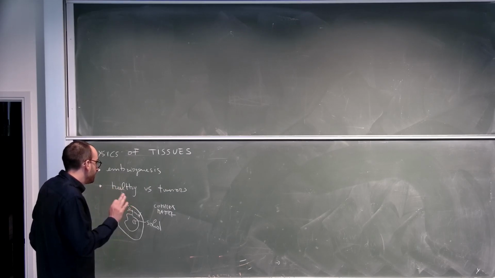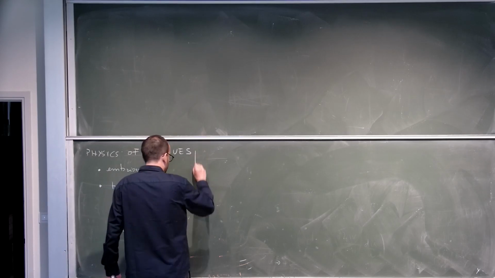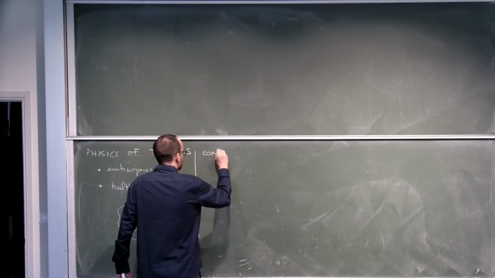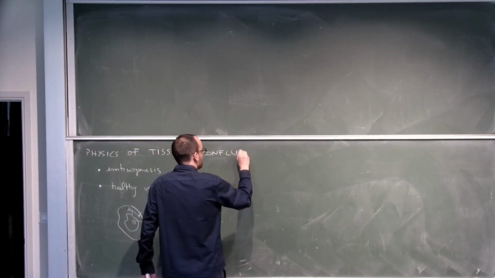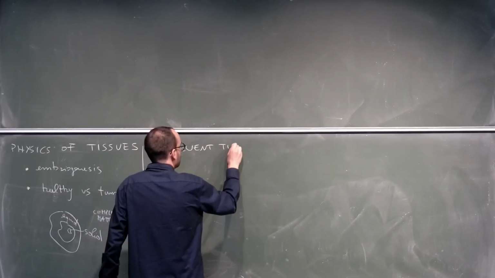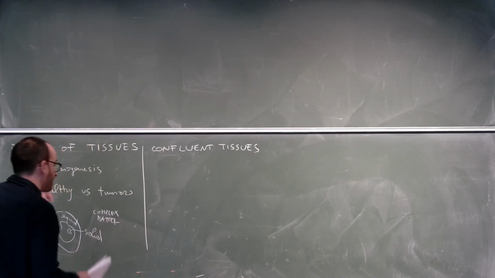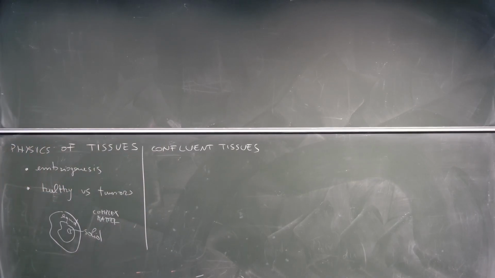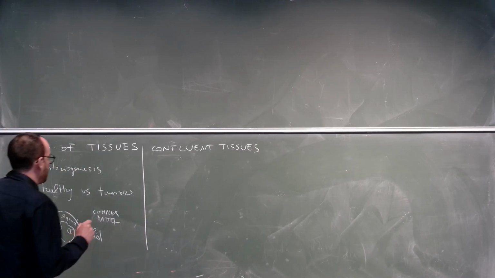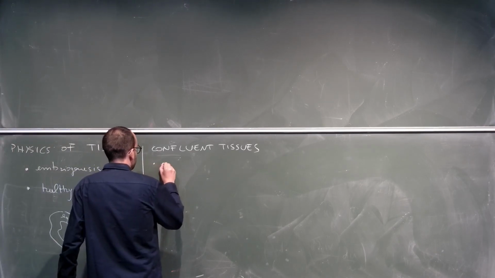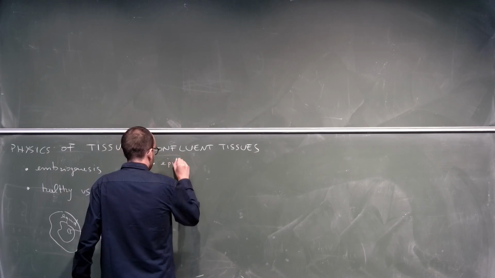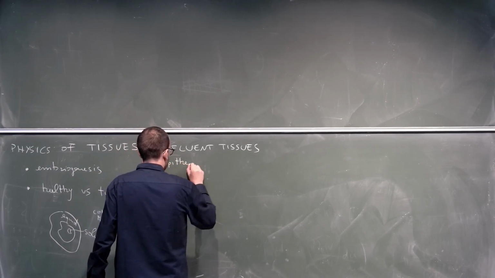so what I've been interested in recently is confluent tissues. These are tissues where cells tessellate space. The simplest example is the epithelial tissue.